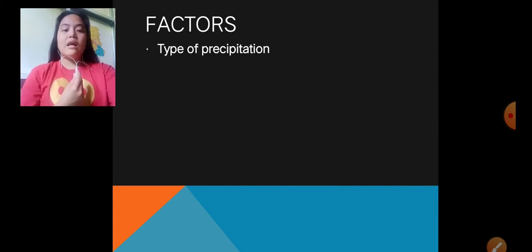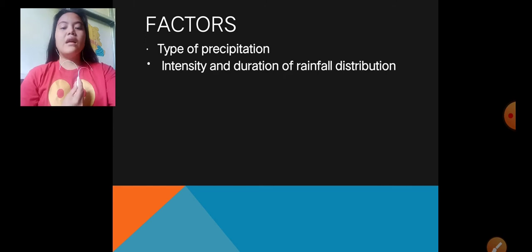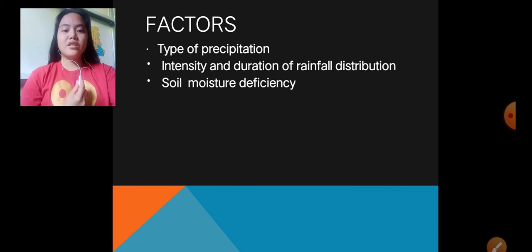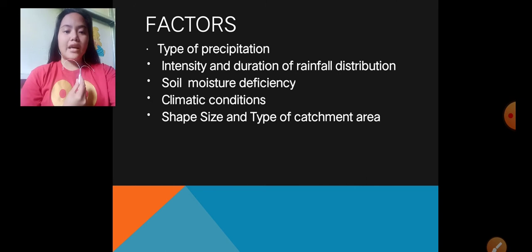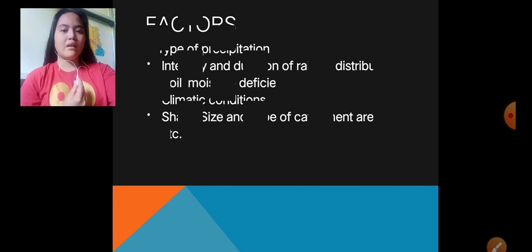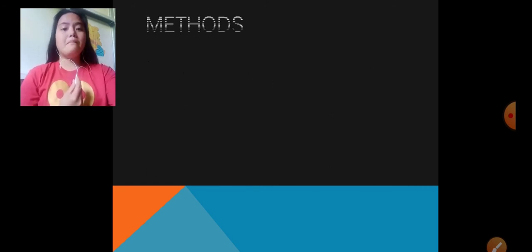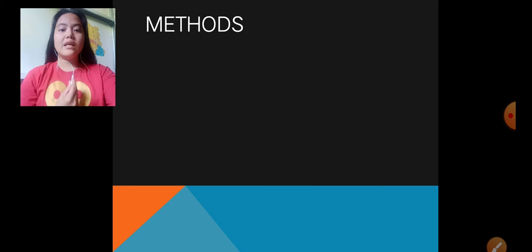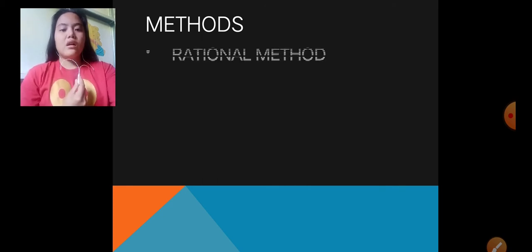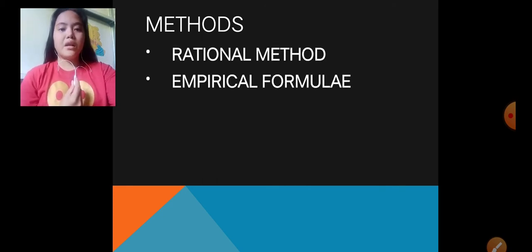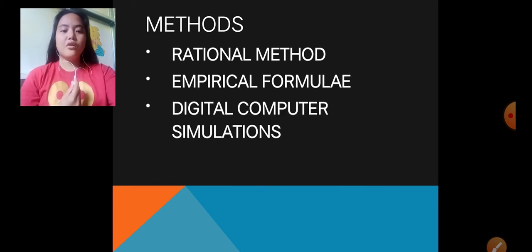Factors including type of precipitation, intensity and duration of rainfall distribution, soil moisture deficiency, climatic conditions, shape, size, and type of catchment area, etc. So there are three methods that are used in estimating storm sewage: the rational method, empirical formula, and digital computer simulations. But we will only discuss the rational method.